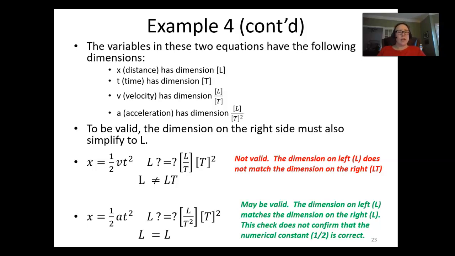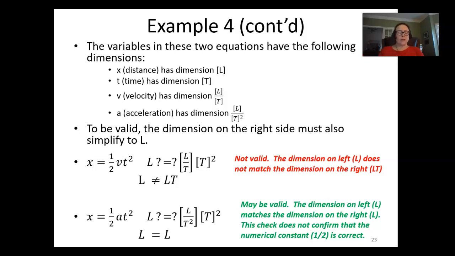Okay, so now we're going to do dimensional analysis on both of those equations to see which one might be valid. Now the first one says position equals 1/2 v times time squared. So I'm replacing each variable with its dimension. The dimension of the variable x is length. Okay, so that's what we've got on the left-hand side.